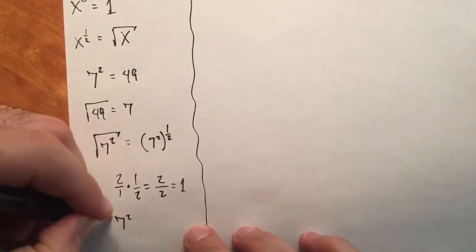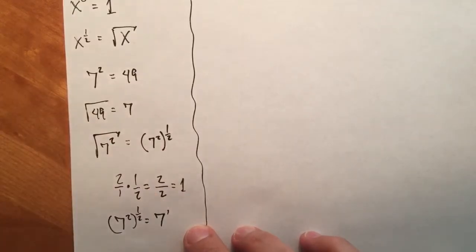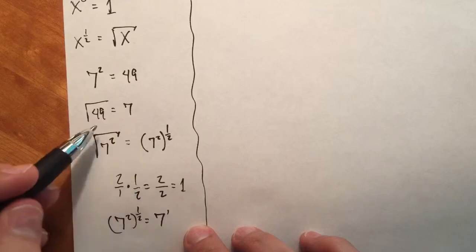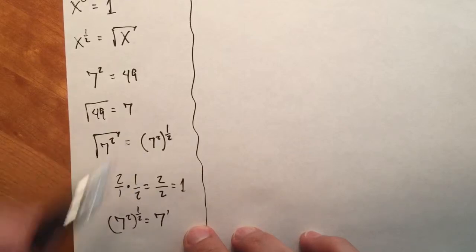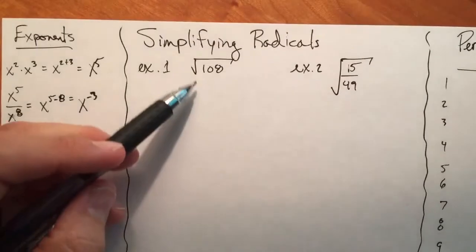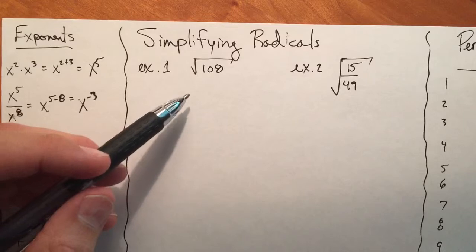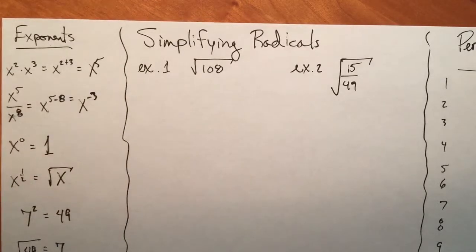So 7 squared to the 1/2 power is simply 7 to the first power, which is what we know to be true because the square root of 49 equals 7. So when we're dealing with square roots, we're really dealing with an exponent of 1/2. That's how that ties into exponents and what we did in the last class.